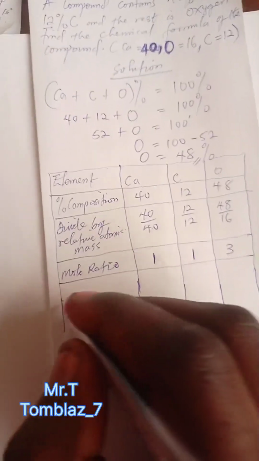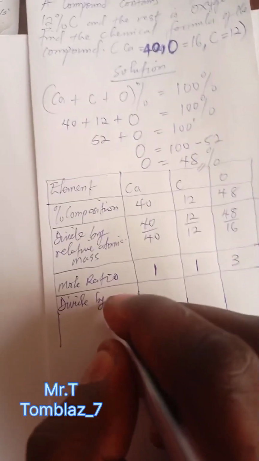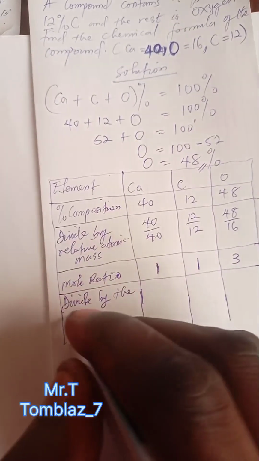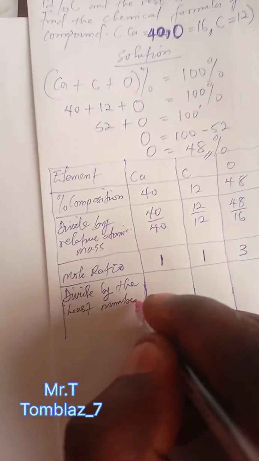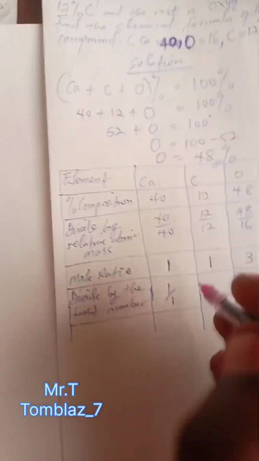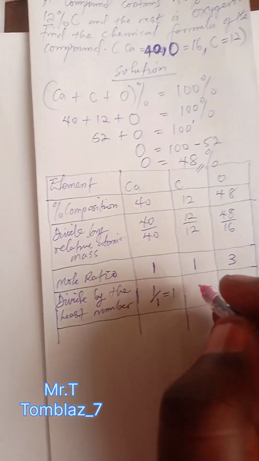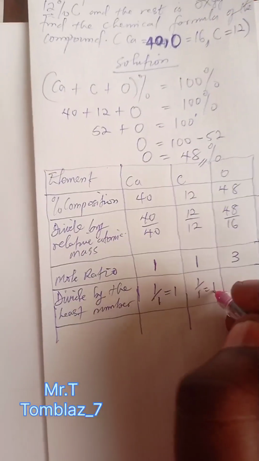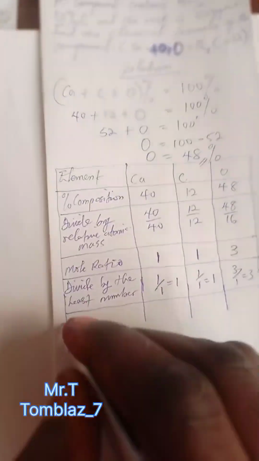So we divide by the least number. The least number is 1, so we are still going to have 1. If we divide this by 1, we are still going to get 1. If we divide this by 1, we are getting 3.